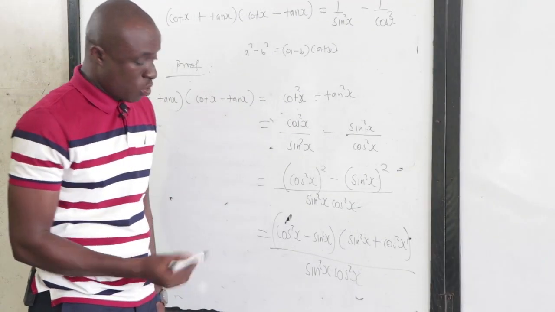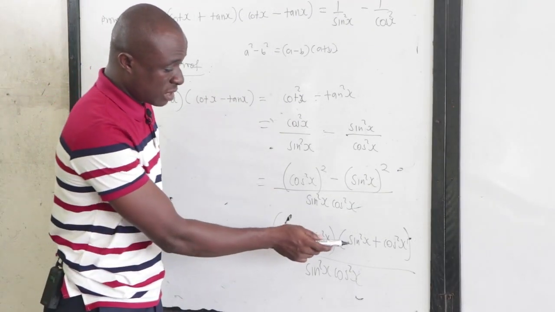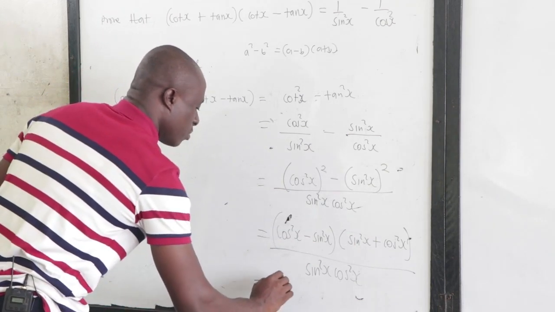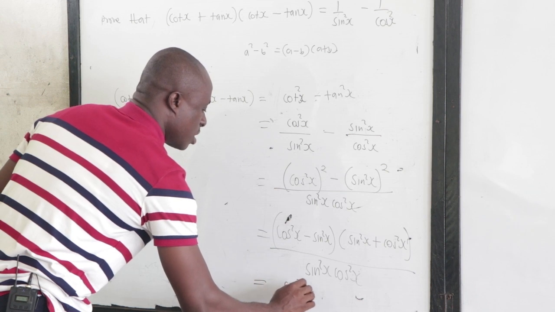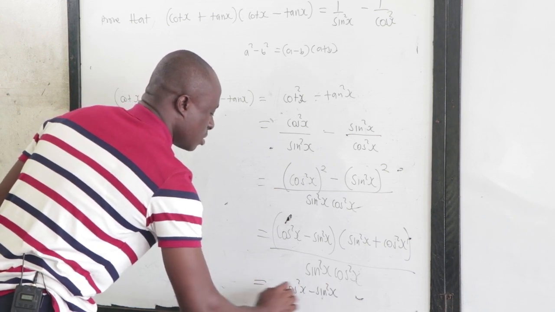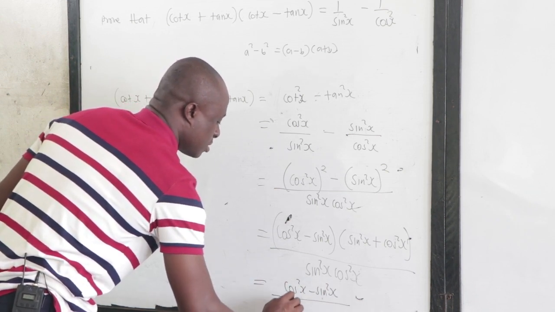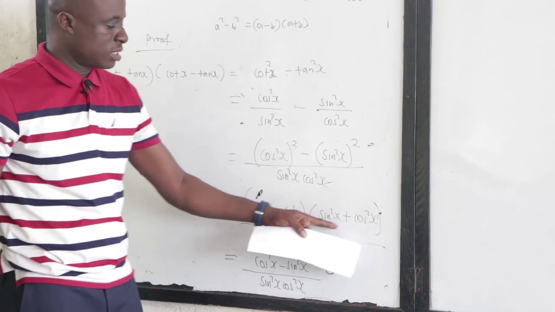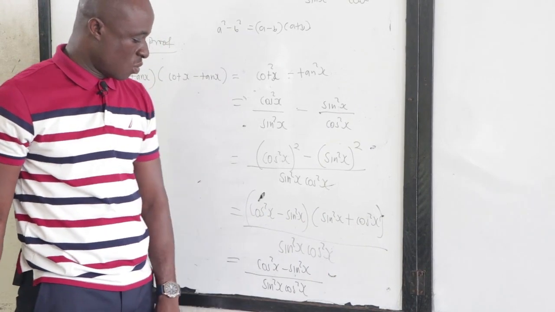Clearly, sine square x plus cos square x is 1. So we have cos square x minus sine square x all over sine square x cos square x.